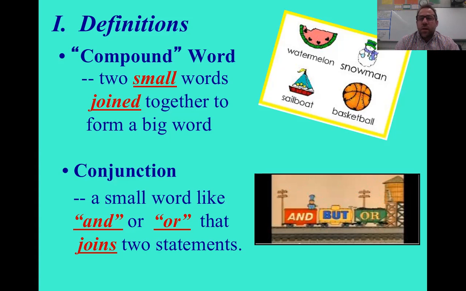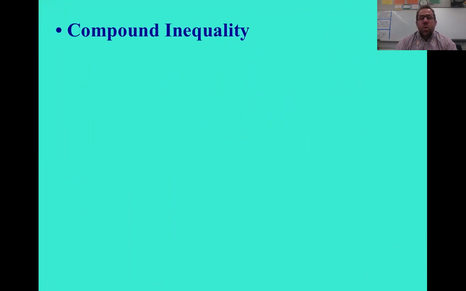Or I might say, your options for breakfast this morning were cereal or Pop-Tarts, right? So again, I'm taking two ideas and I'm putting them together. So we're going to use the idea of a compound where we're joining things together, and those are going to be joined together by the words and, or, and we're going to make compound inequalities.